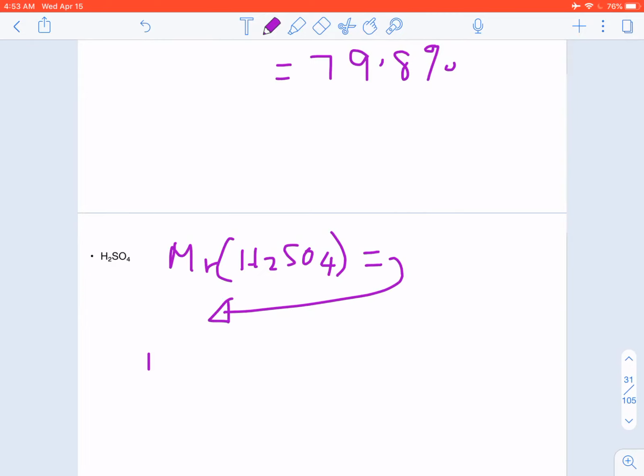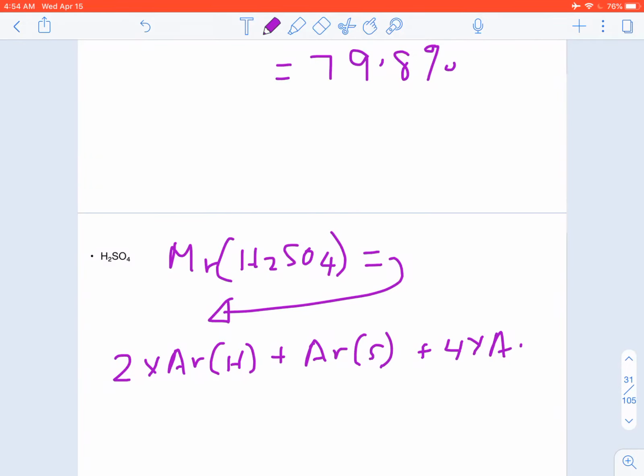Mr is equal to, well, we've got two hydrogen atoms, so 2 times Ar of hydrogen, plus Ar of sulfur, plus 4 times Ar of oxygen.